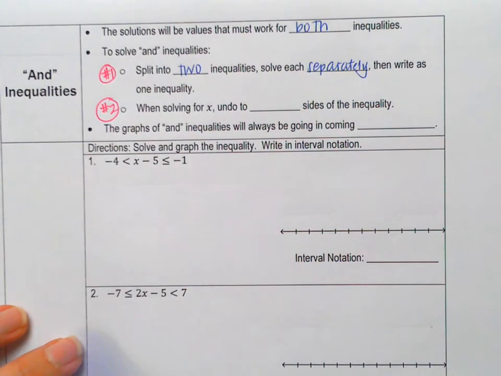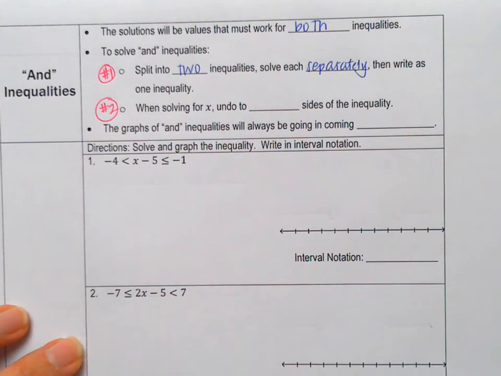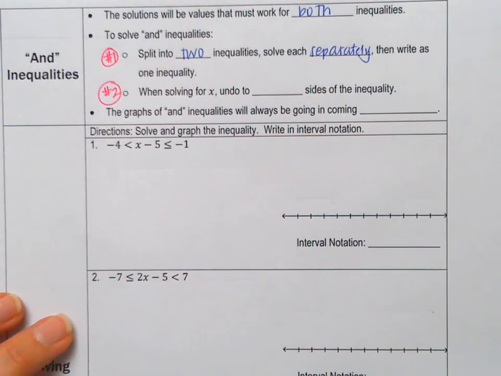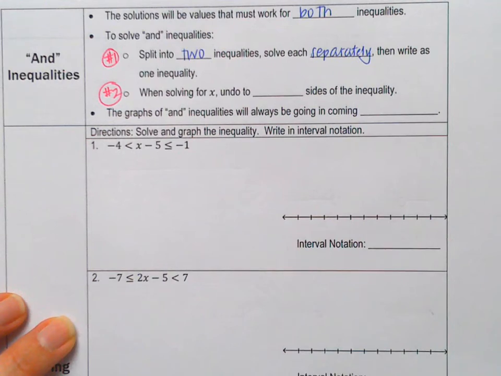So break it up, see how there's 1 in the middle. You can break it up into 2 and solve them each separately like we did with the OR inequalities and then write it as 1. Or you can, when solving for x, undo to both sides of the inequalities.